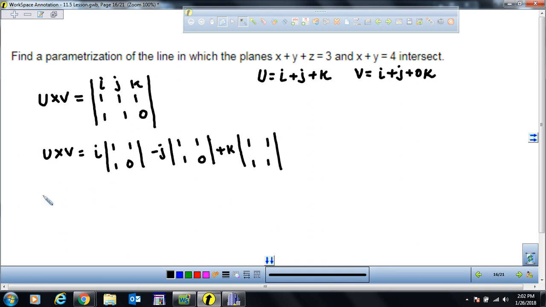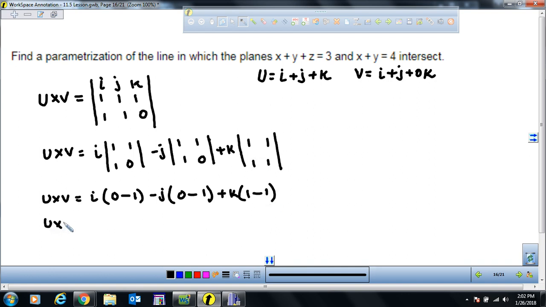Okay, so let's do the cross product. u cross v is going to be i times 1 times 0 is 0, minus 1 times 1 is 1, minus j times 1 times 0 is 0, minus 1 times 1 is 1, plus k times 1 times 1 is 1, minus 1 times 1 is 1.